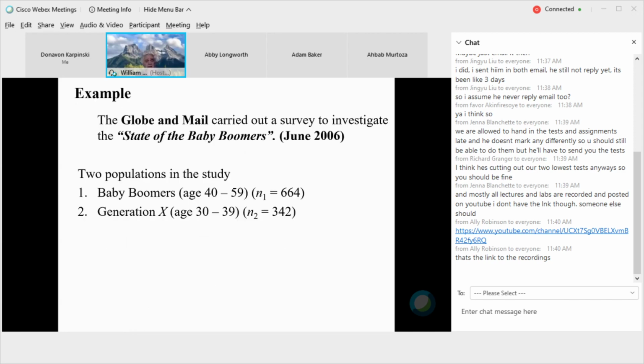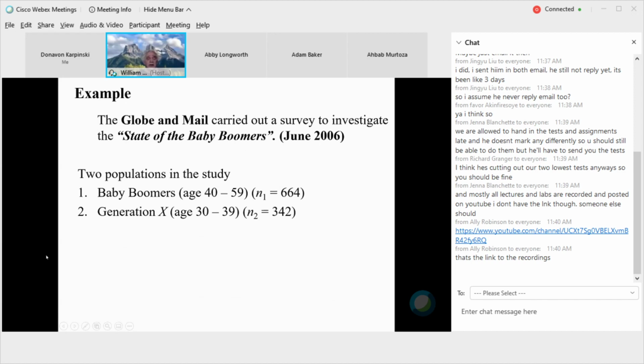Example, in a survey by the Globe and Mail, this was June 2006, there were two populations. Baby boomers, who were aged at that time 40 to 59, with 664 subjects selected from this group.